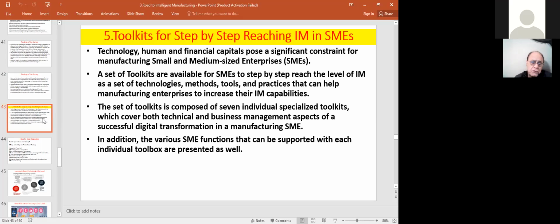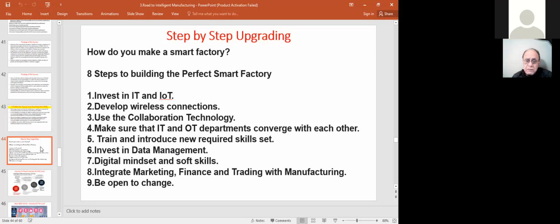Let us go through what toolkits are available that can be introduced in the enterprises in Pakistan.